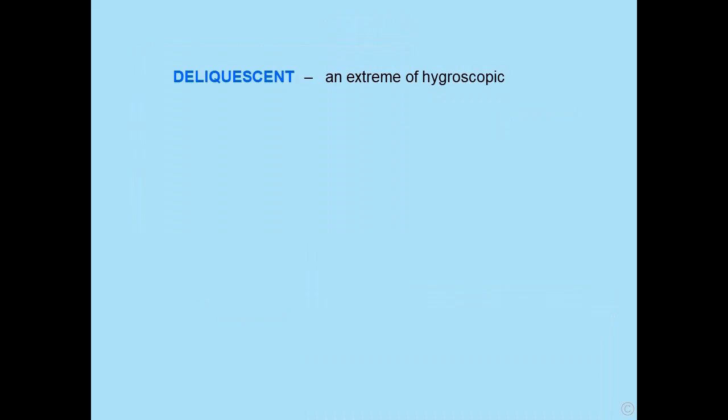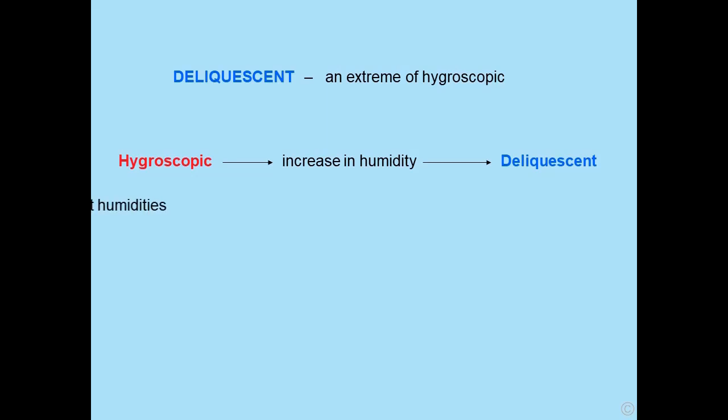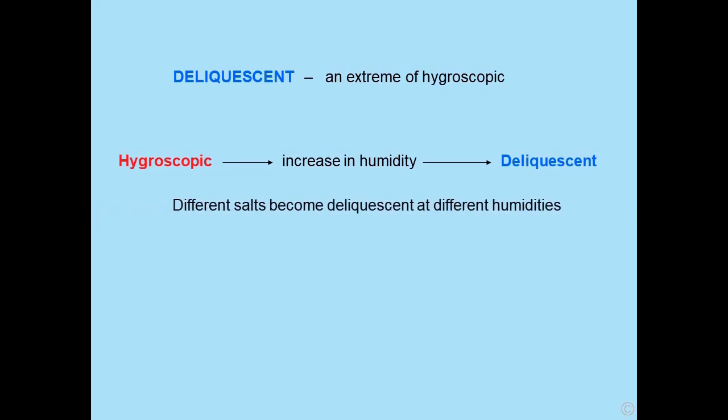There is an extreme of hygroscopic known as deliquescence or deliquescent. If we take a material that's hygroscopic, or rather hygroscopic salt, increase it in humidity around it, it will become deliquescent. That means to say it can absorb so much water from the hygroscopic state that it will actually start to dissolve in itself.